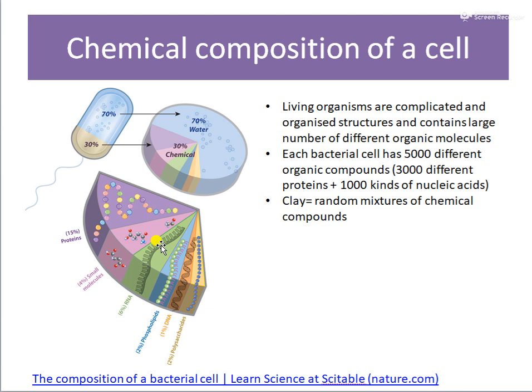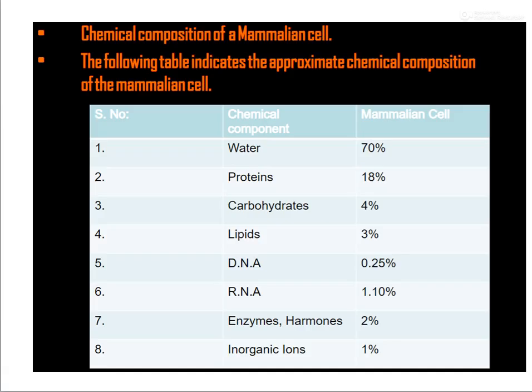If you take clay, you can see that it is a mixture of about different types of chemical compounds. So what you have to notice is that every living form which we have consists of different biomolecules, and we are going to learn about the different biomolecules which we have in living things.